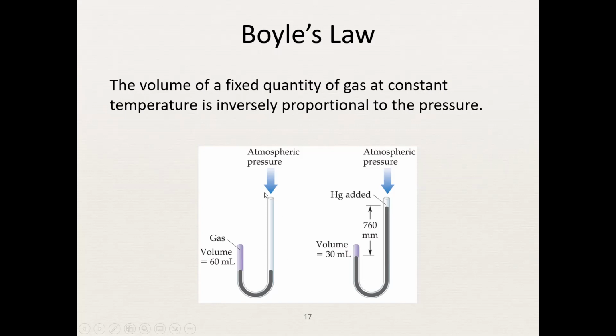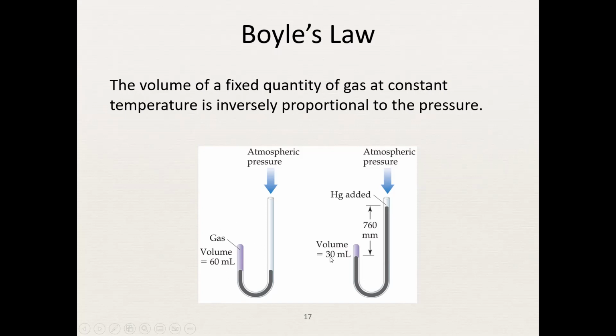So with the picture here, we've got some amount of atmospheric pressure pushing down on this. And then if we have some volume here, so 60 milliliters, if we then add more mercury, we decrease the volume, but we still have the same amount of gas on this side of the manometer.